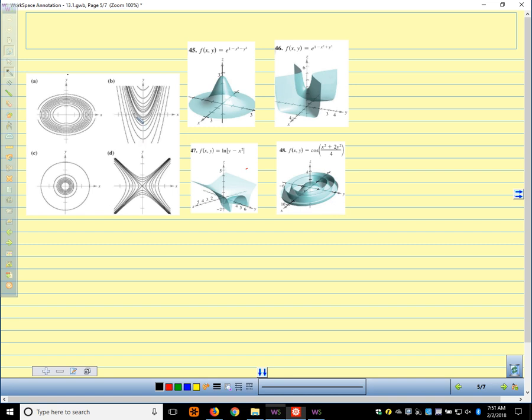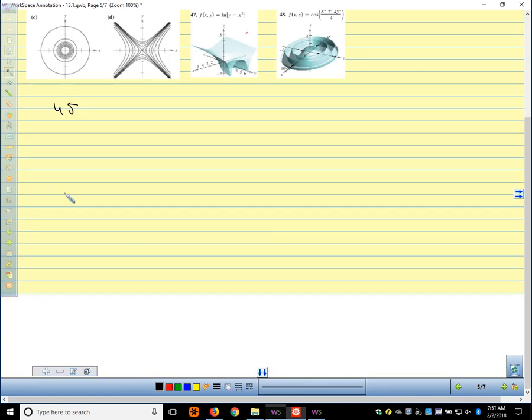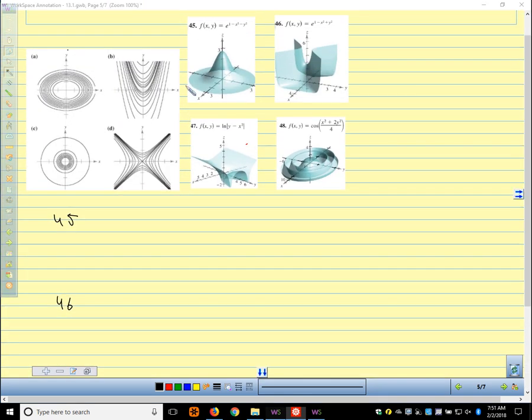All right, so Kira says D. I'm going to say 45 here, and I'm going to jump down to 46. Kira says D has to be 46. First of all, you just look at the shape of the graph.